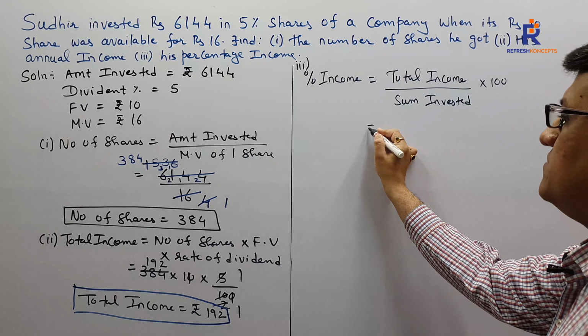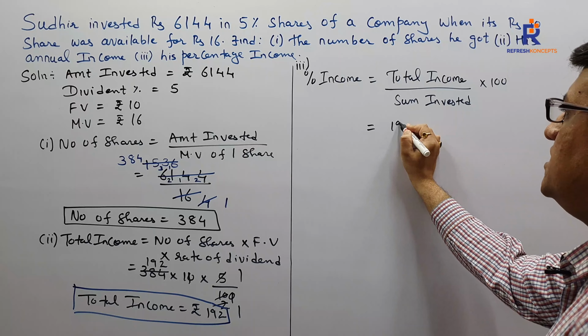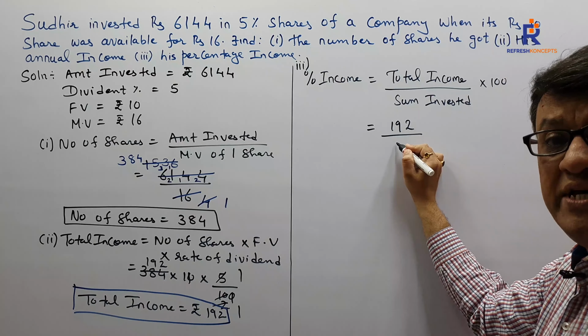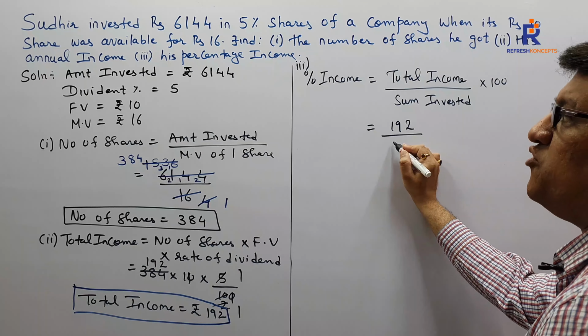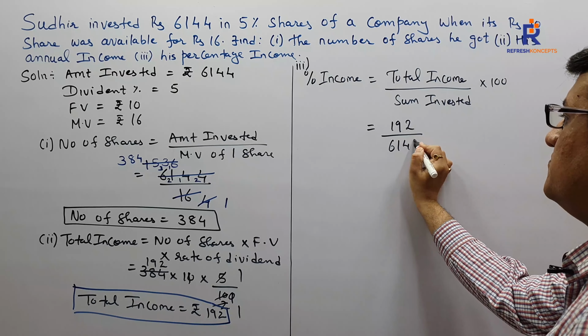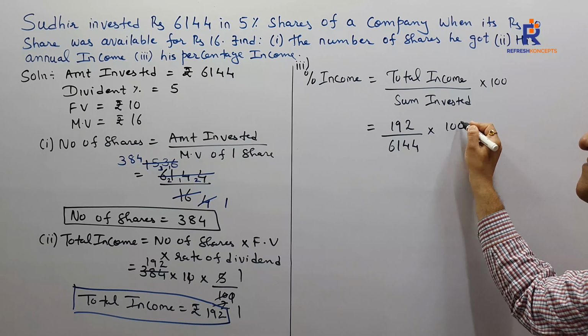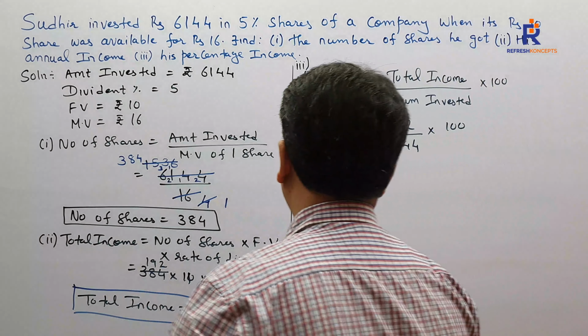So what is the total income? Total income is 192. Sum invested is 6144, into 100. Let's calculate again.